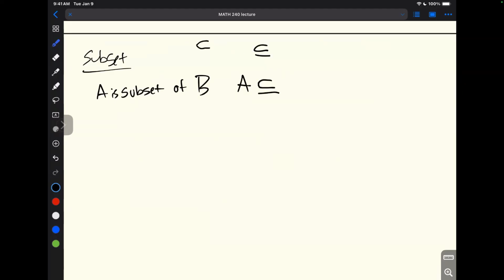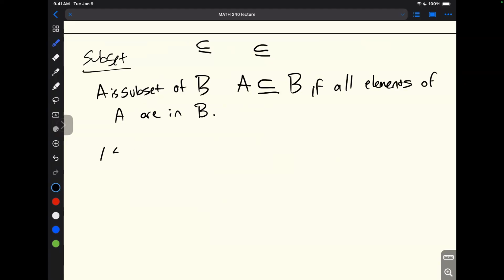I'll write it a few times so you get the idea of what it looks like. And we write A subset B if all elements of A are in B.